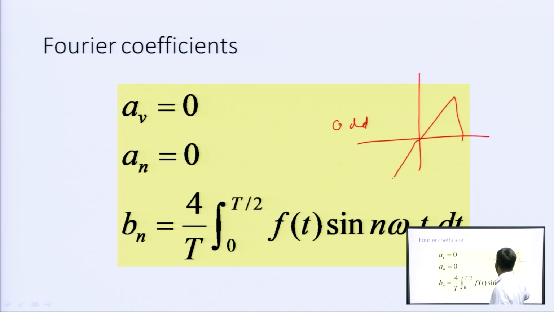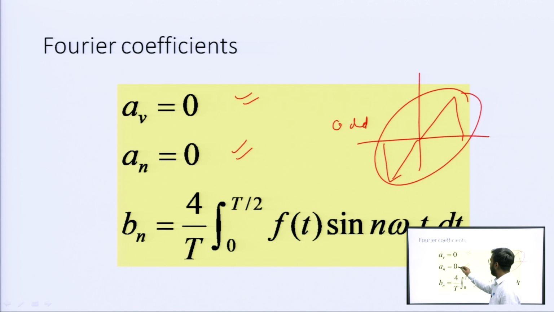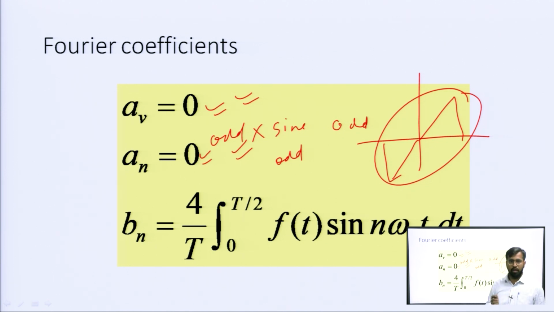An odd function will have A0 and An both equal to 0, because the average of an odd function will be 0, and An contains cosine terms, which are even. So this will also give you a 0 value. So, A0 and An for an odd signal will be 0, and for an even signal only Bn will be 0. Okay.